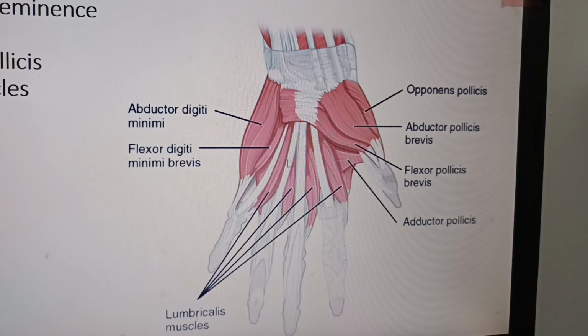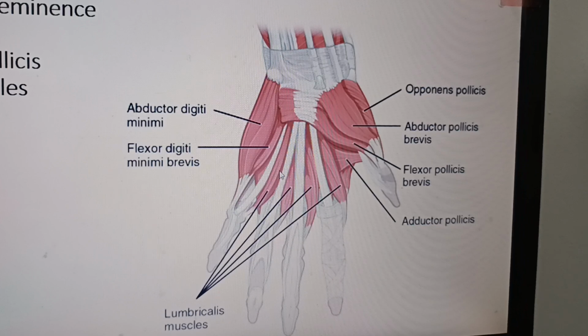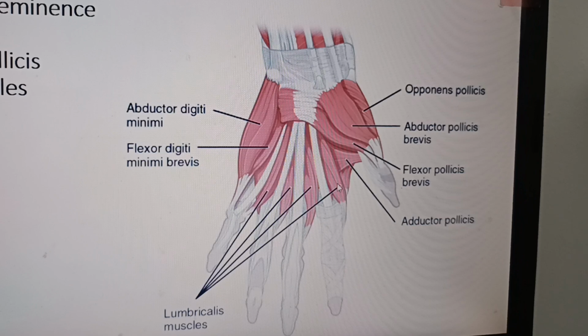These are worm-like muscles arising from the radial aspect of the flexor digitorum profundus tendons and traveling towards the radial aspect. There are four of them: 1, 2, 3, 4. You can see it is going dorsally.